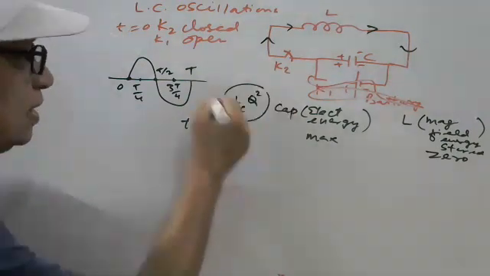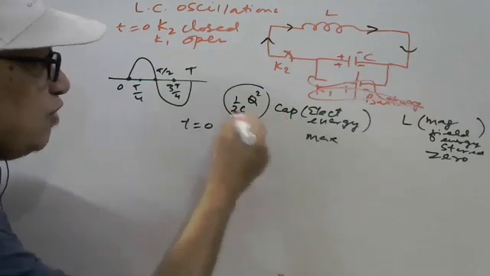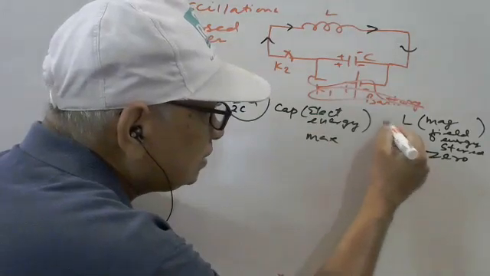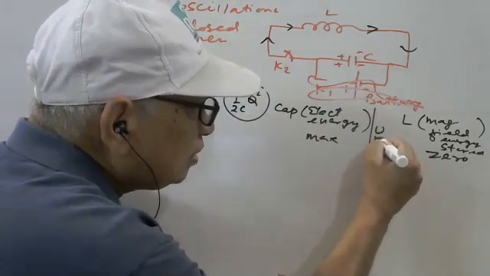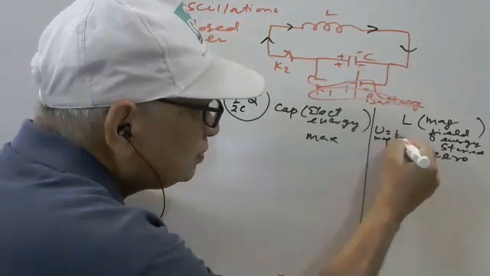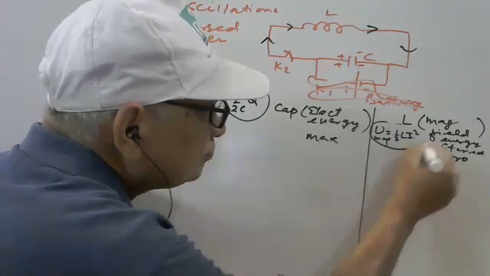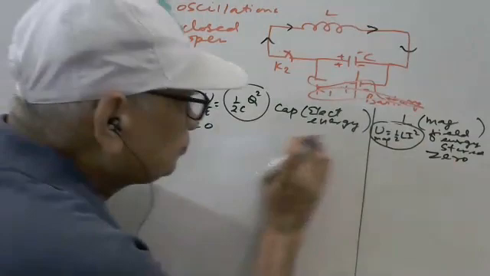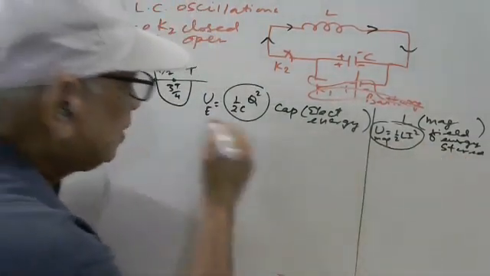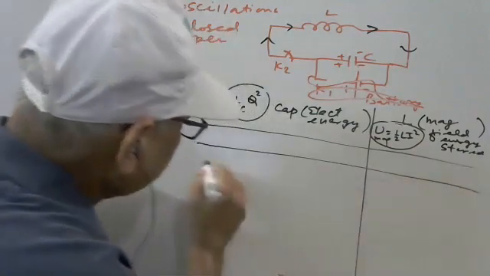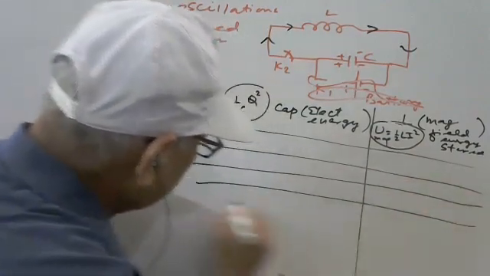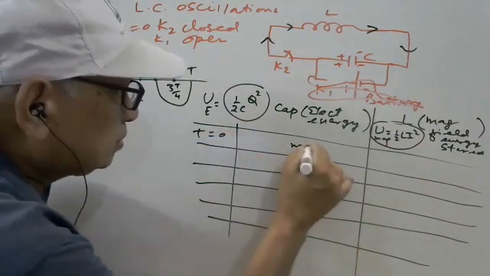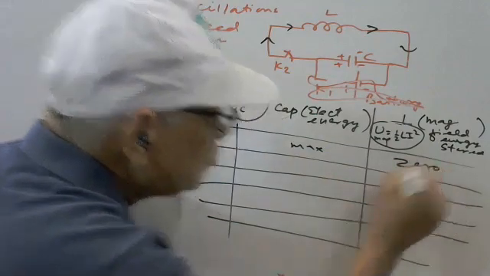This is the energy stored in the capacitor in the form of electrical field, and this is the energy in the magnetic field, that is half Li square. So at t is equal to 0, this is maximum and this is 0.